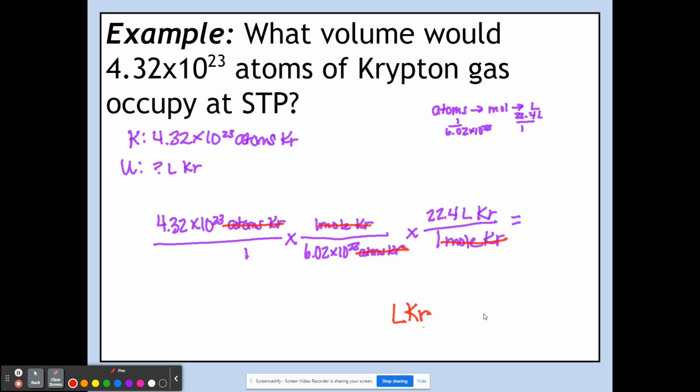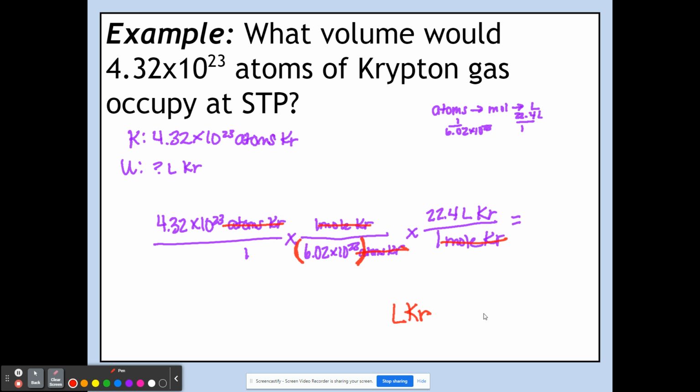Now I need to put this in my calculator. Be very careful when you're putting this in your calculator because a lot of calculators need parentheses around the second number, because when you're dividing, you want to divide by that whole thing, and that's what the parentheses tell it.